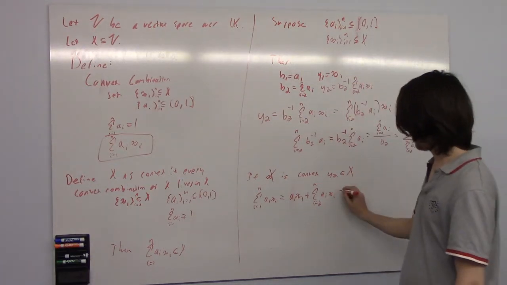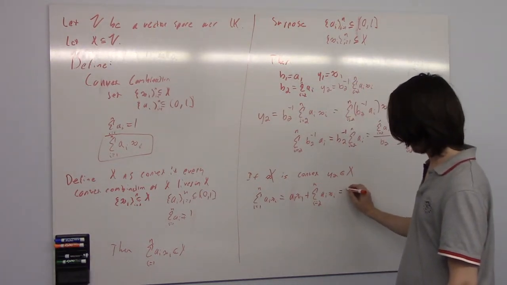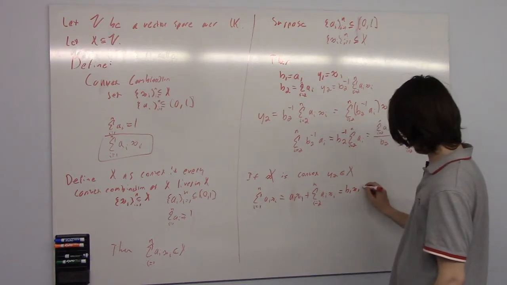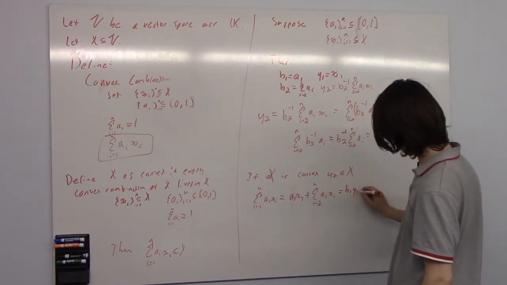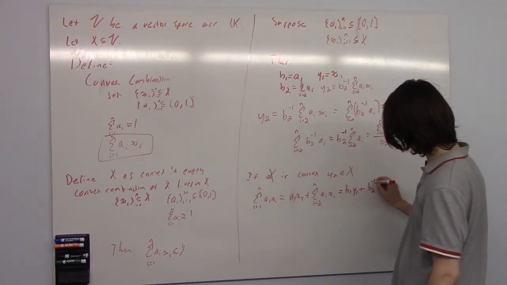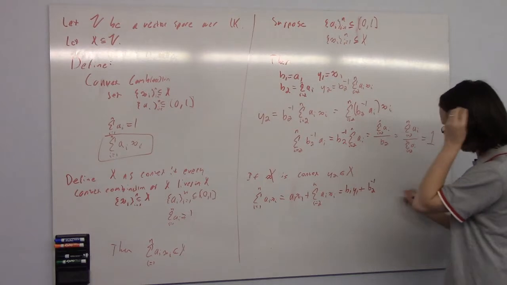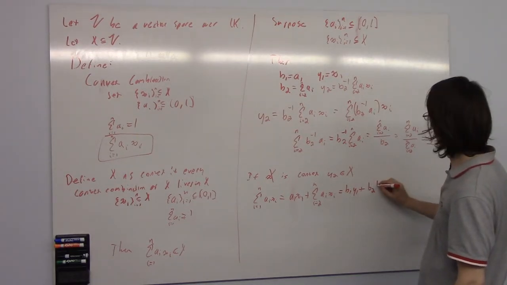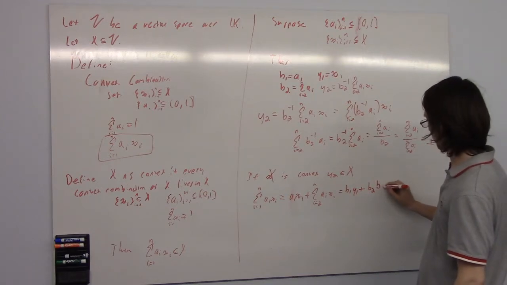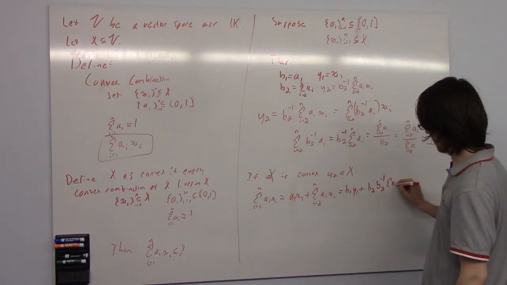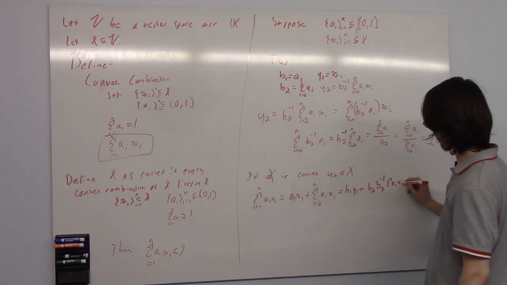We can rewrite this as b1 y1 plus b2 times b2 inverse times the sum of ai xi.